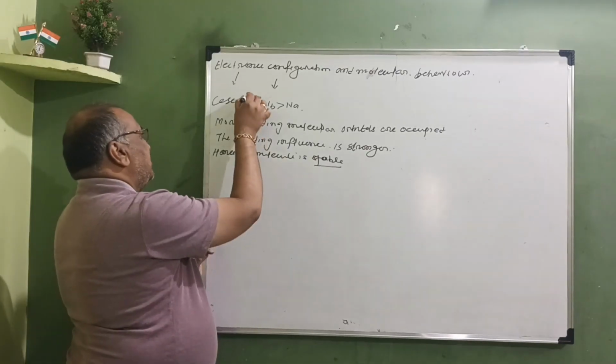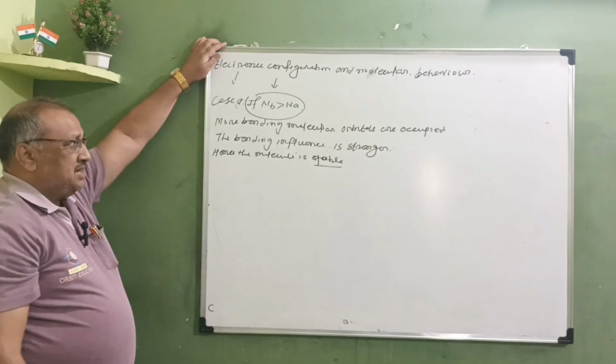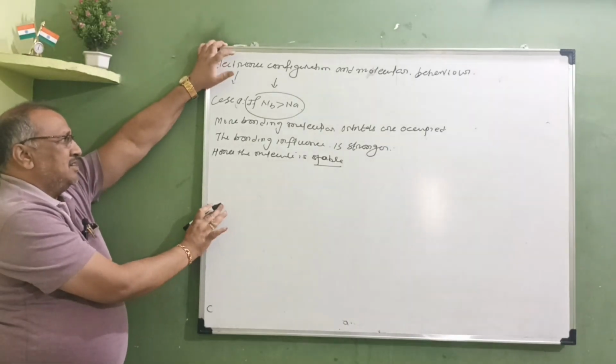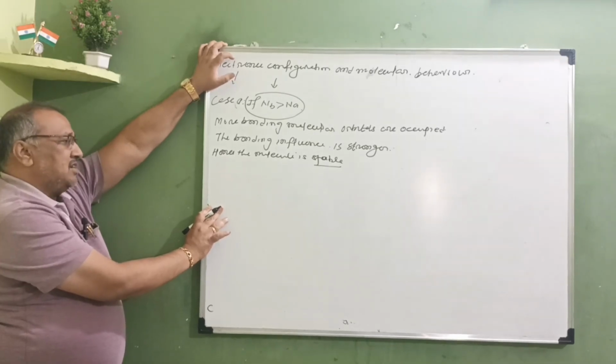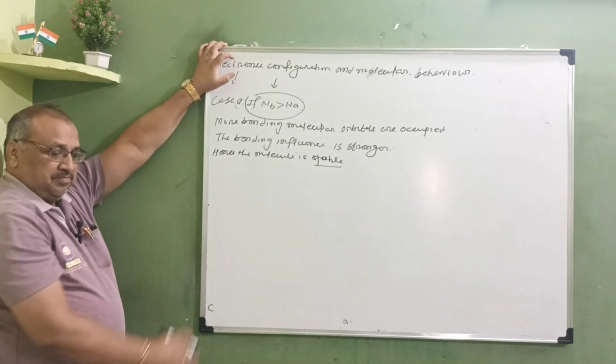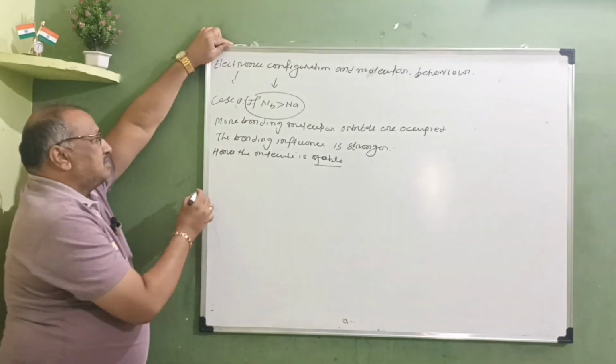Keep in mind, if Nb is greater than Na, then the molecule is stable.